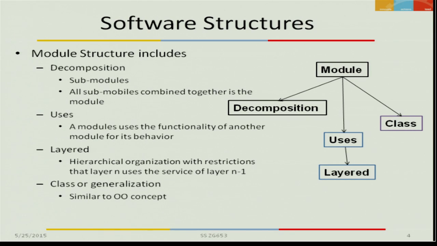an important element in the module structure, and the meaning is that layer n is using the service of layer n minus 1. In other words, if there is a module in layer n, it can use the service of the modules which are immediately below this particular layer.